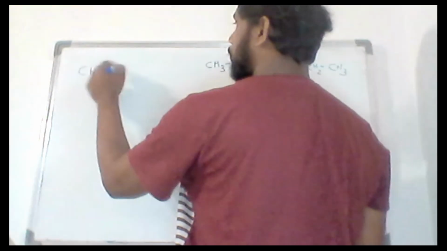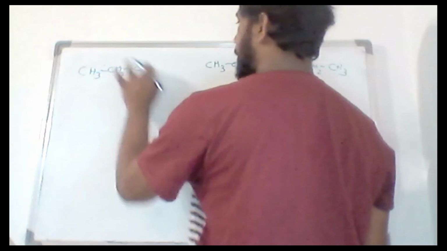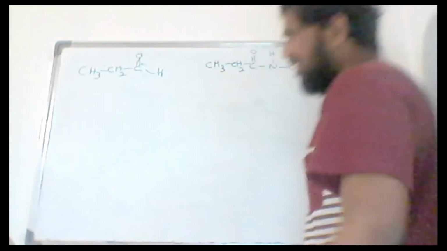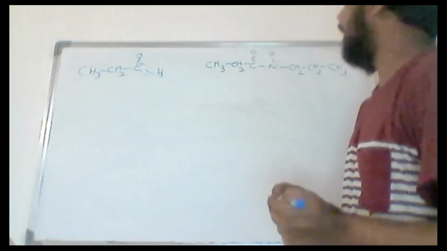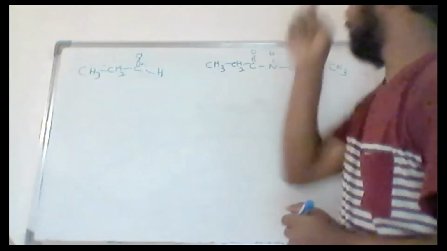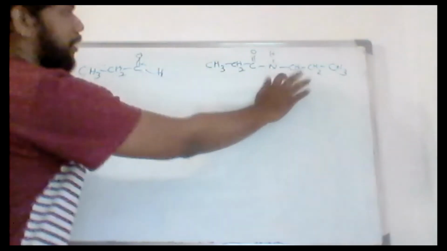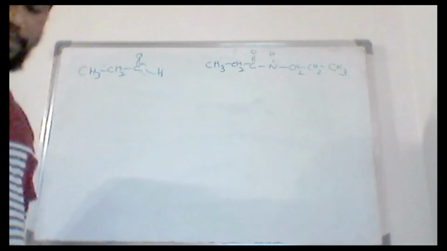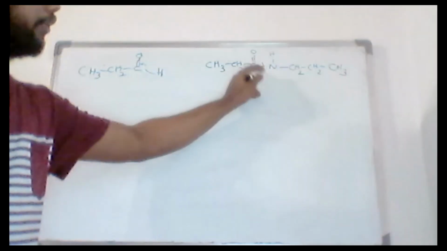1, 2, 3 propanol. So we have propanol, and we have to take this one with this one. So what can be the easiest way to take this one and this one? In the same way as the previous question, I can hydrolyze this.